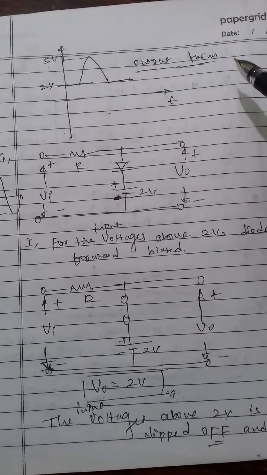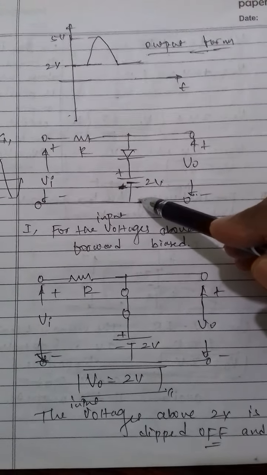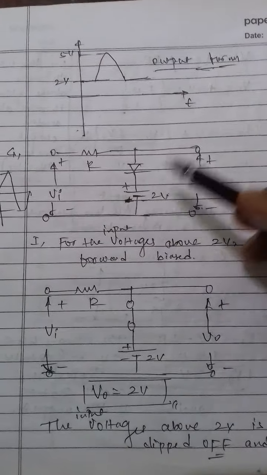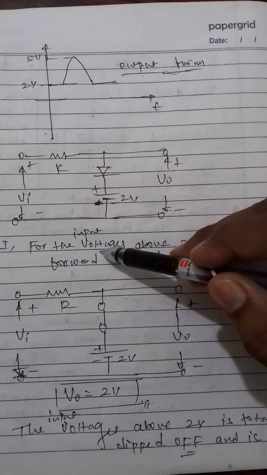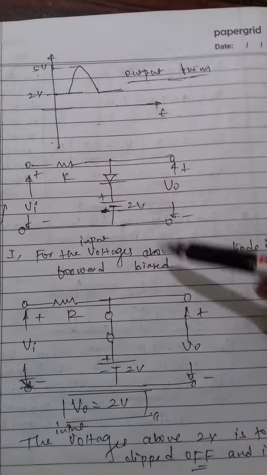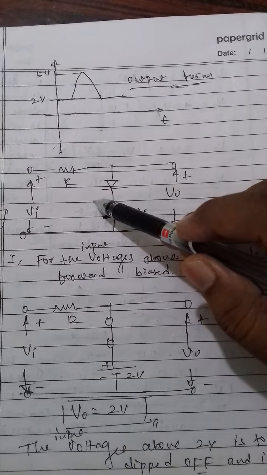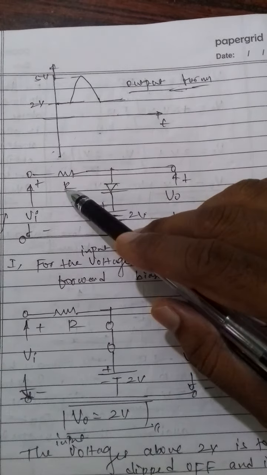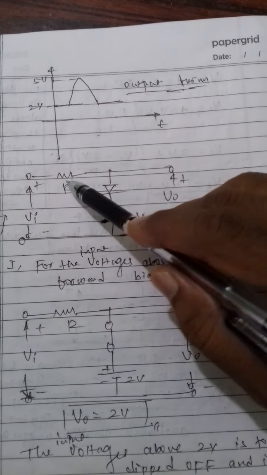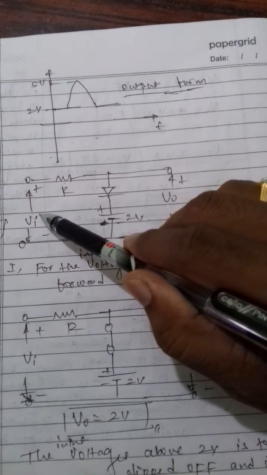Now, the second example that we shall consider here: for the input voltages above 2 volts, the diode is forward biased. Here, in the previous example, the diode is in series with the input.